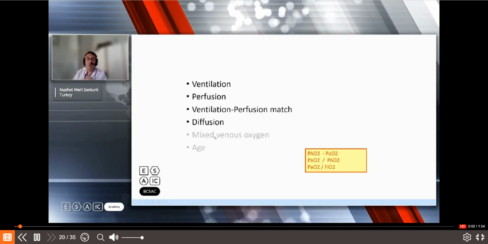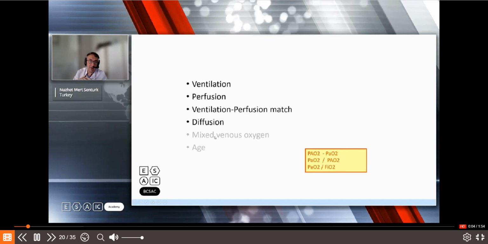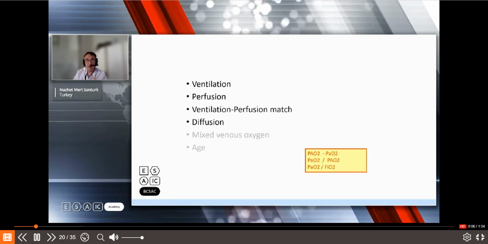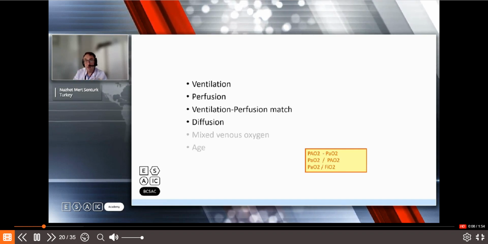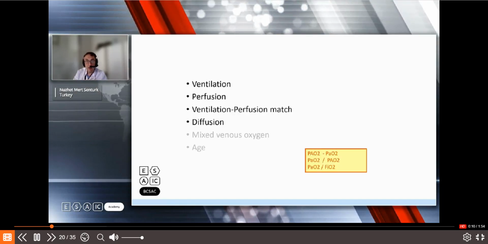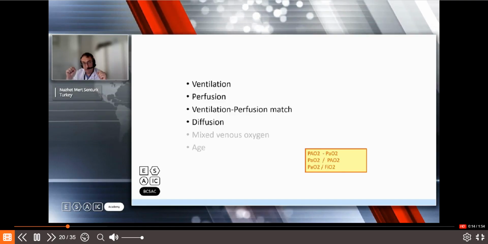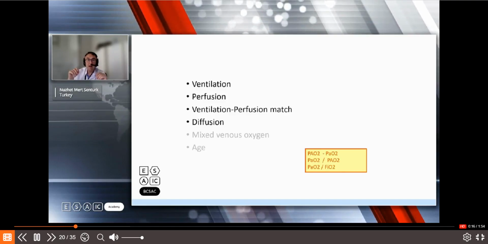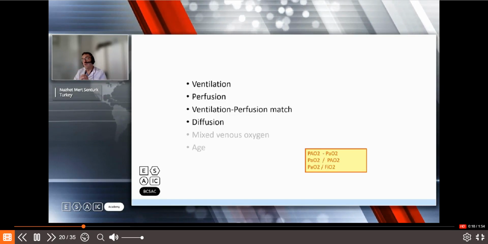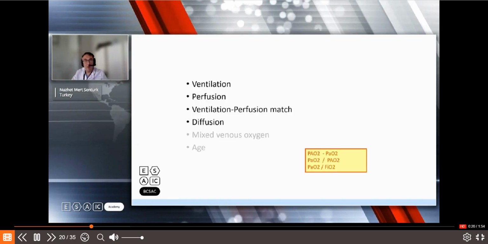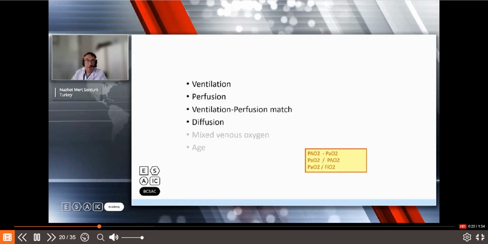To have a good match, we need good ventilation of the alveoli, good perfusion of the alveoli, and the ventilation and perfusion should match in an optimal way, which is not always the case. And the diffusion from the alveoli to the capillary should also work very well.